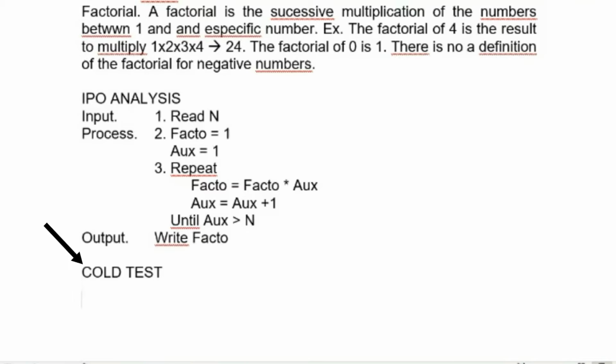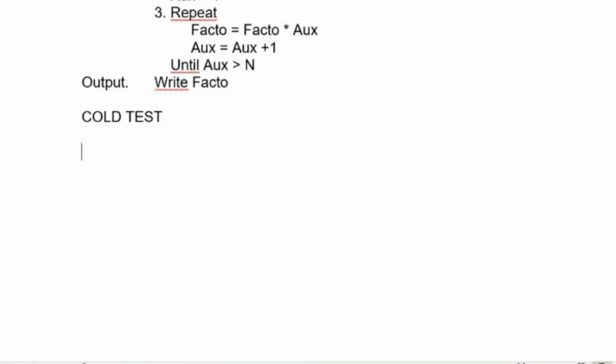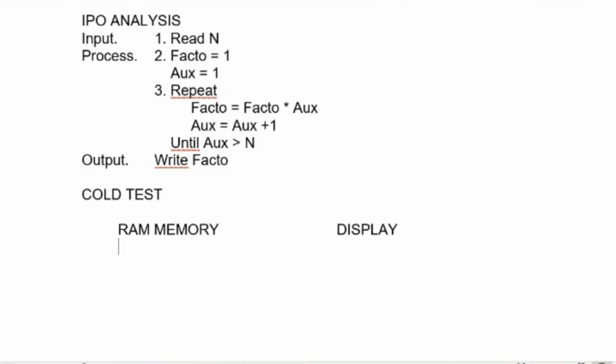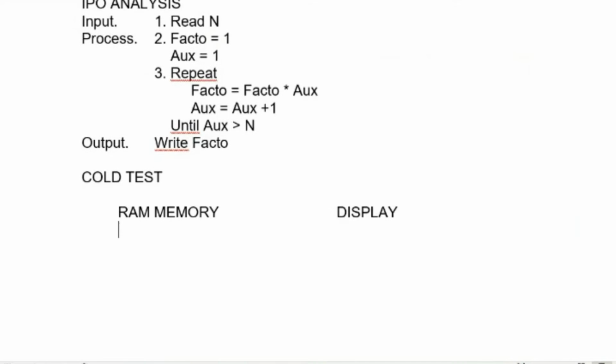Let's see the equal test. You see, it is very easy. Programming is really easy. RAM memory and display, right? RAM memory. You need to write the variables here, n, factor, and outs.